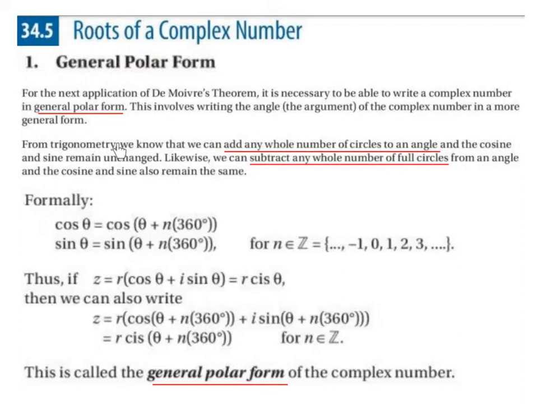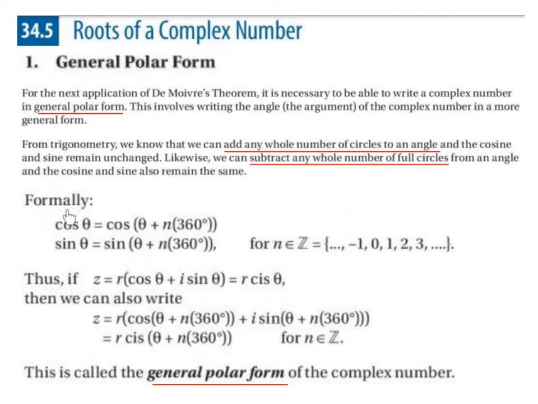From trigonometry, we know that we can add any whole number of circles to an angle, and the cosine and sine remain unchanged. Likewise, we can subtract any whole number of full circles from an angle, and the cosine and sine will also remain the same.